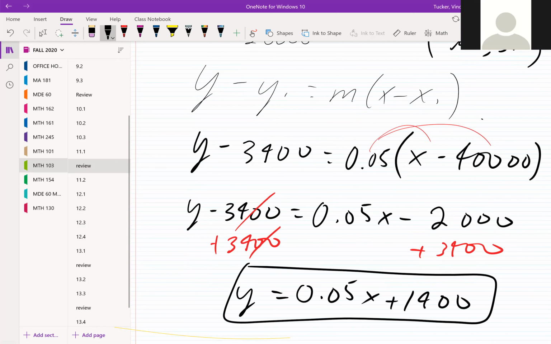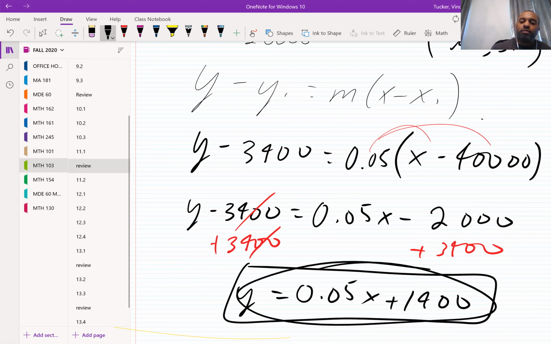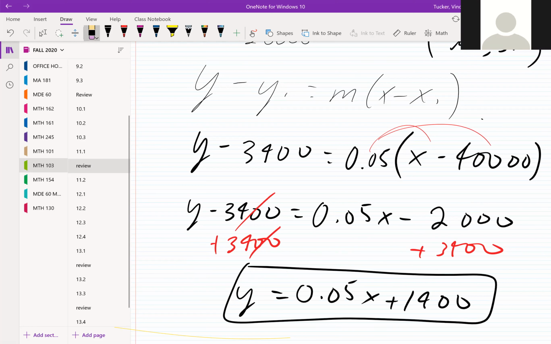Because it asks me to find the equation of the line that passes through the given points, use x. So that's it right here. I have it up, and then I put that answer in.